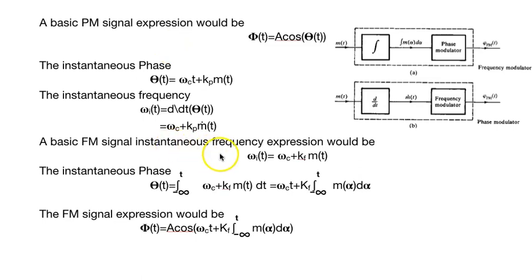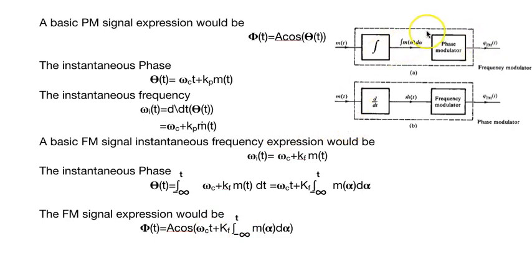The instantaneous frequency expression would be omega_i equals omega_c plus k_f m(t), and the instantaneous phase can be calculated by integrating the instantaneous frequency expression, and we get this final frequency modulation FM signal, in which m of alpha, the message signal, is actually integrated and added to the carrier frequency.